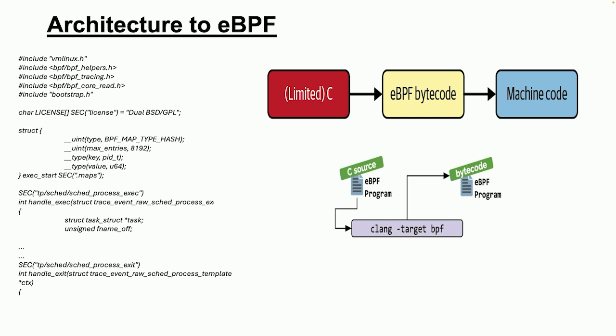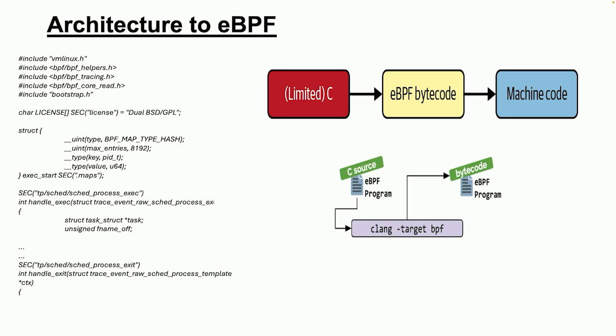This tracepoint will get executed whenever we execute a process. So this is one section. Then another section is the tracepoint when we exit from the process, that is sched_process_exit. This is the C program, and each section is a BPF program in its own right, a BPF bytecode.